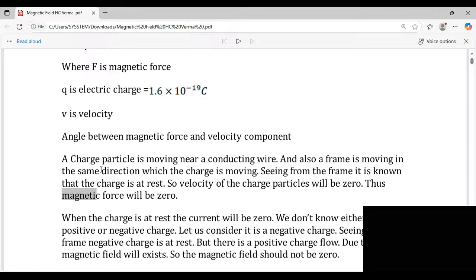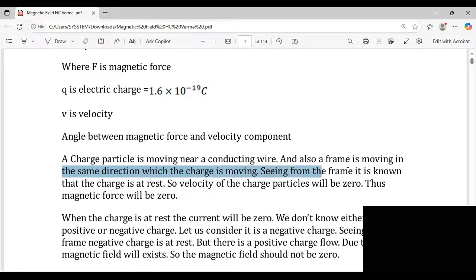A charged particle is moving near a conducting wire, and also a frame is moving in the same direction in which the charge is moving.